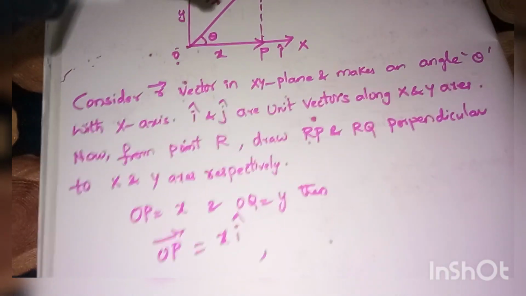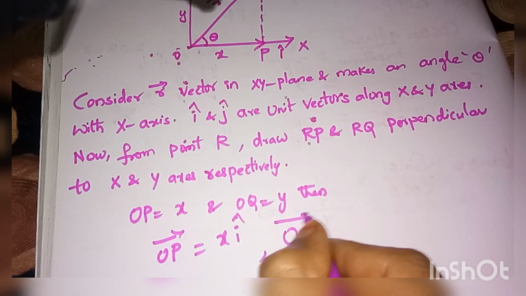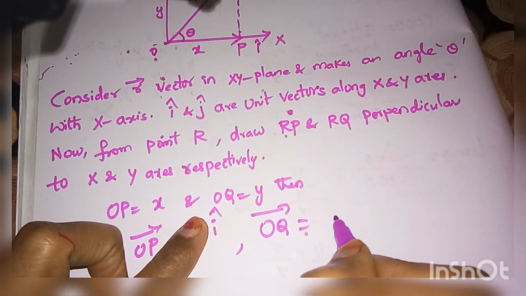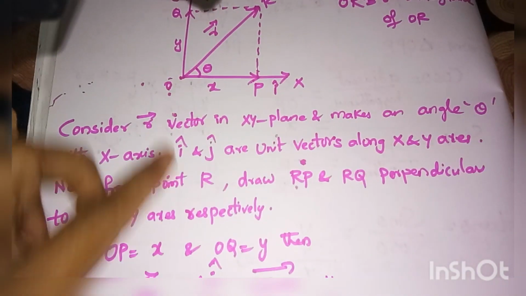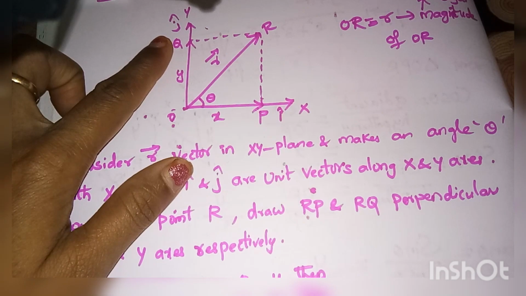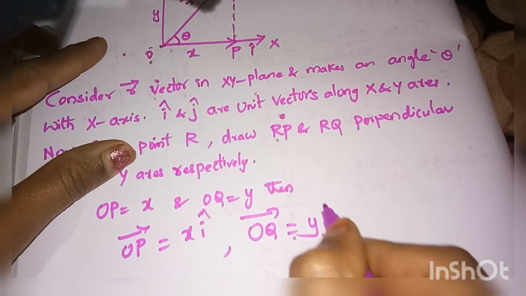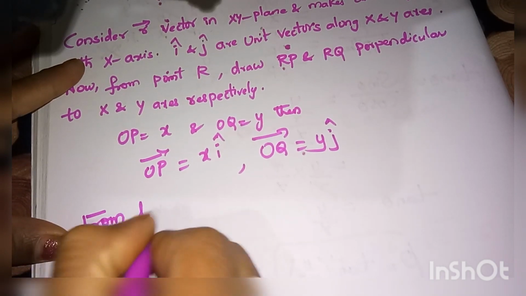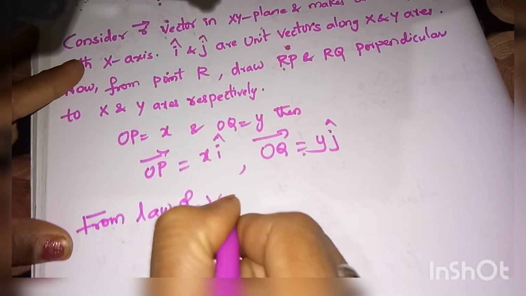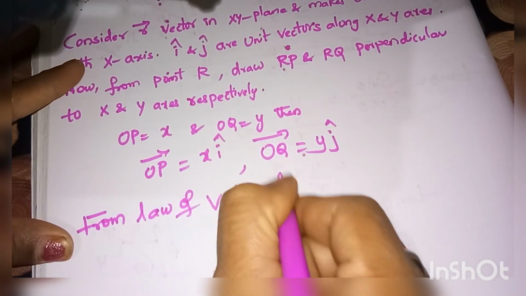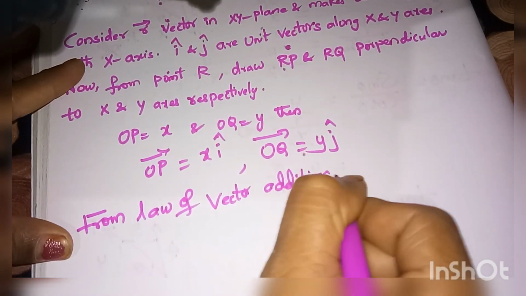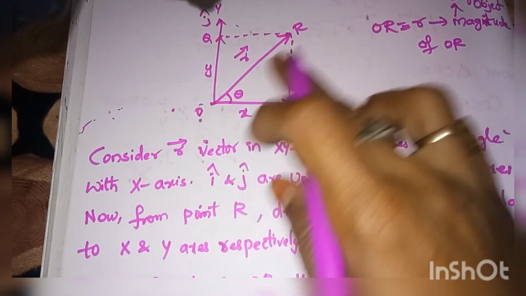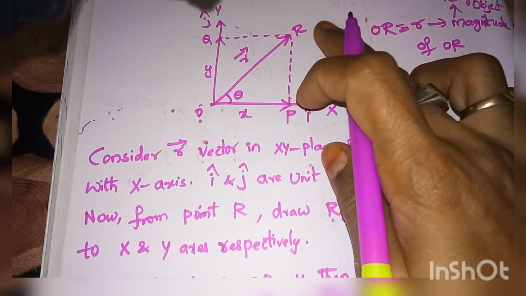And similarly OQ bar means OQ is y. Bar represents direction along which unit vector? j cap. So from the law of vector addition, with the help of R bar, with the help of OR, we got OP and OQ.